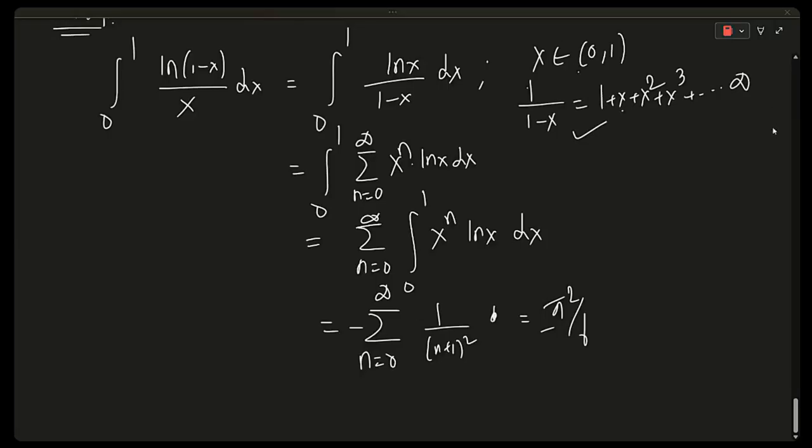Now, if you see it the other way around, 1 plus x plus x square plus x cube and all the way up to infinity is an infinite GP with first term 1 and common ratio x. You know the answer is a by 1 minus r, so just put it on the left hand side. We did it the other way around. We simply introduced this as an infinite series rather than evaluating the infinite series. Okay?